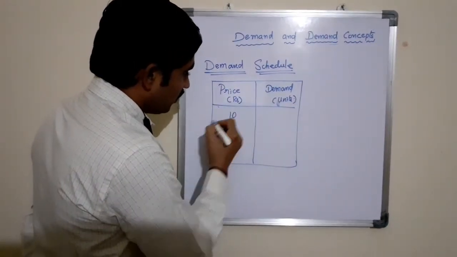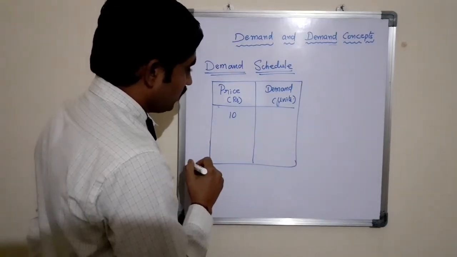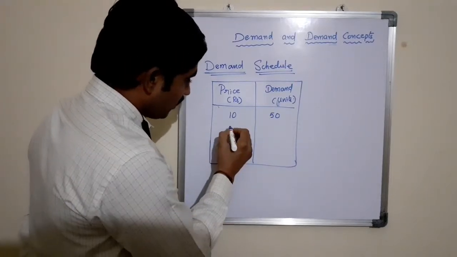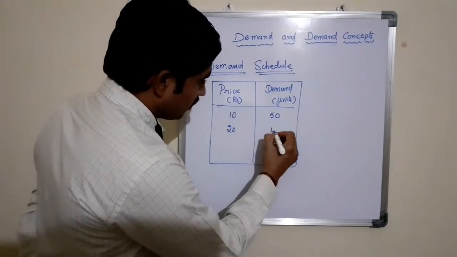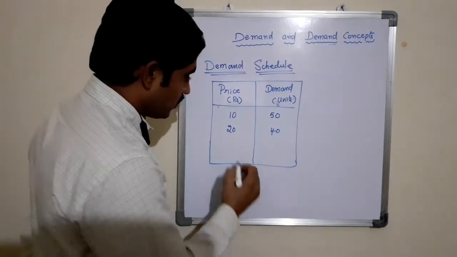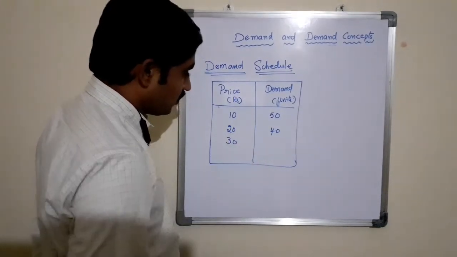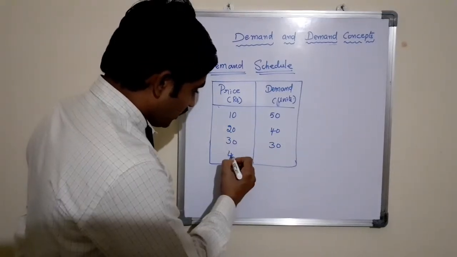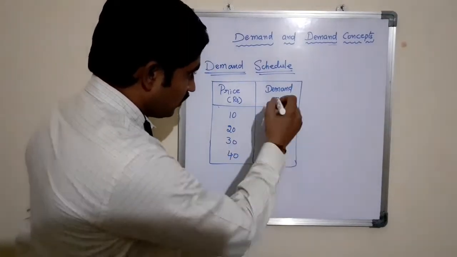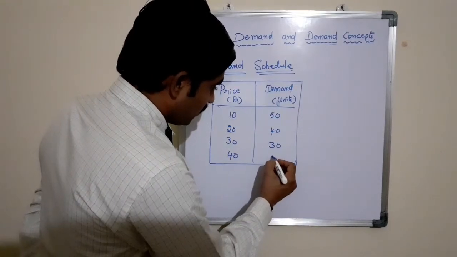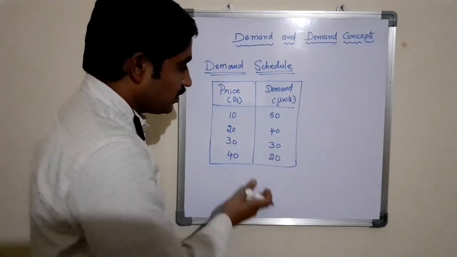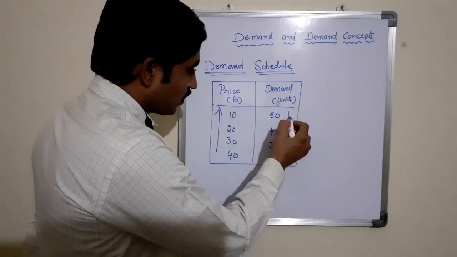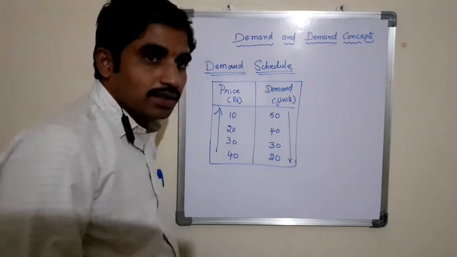For example, at a price of 10 rupees, the quantity demanded is 50 units. If the price is increased to 20, the quantity demanded will decrease to 40. If the price increases to 30, the quantity demanded decreases to 30. If the price increases to 40, the demand will decrease to 20.